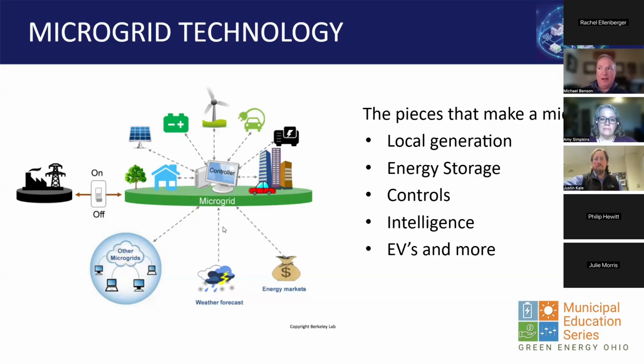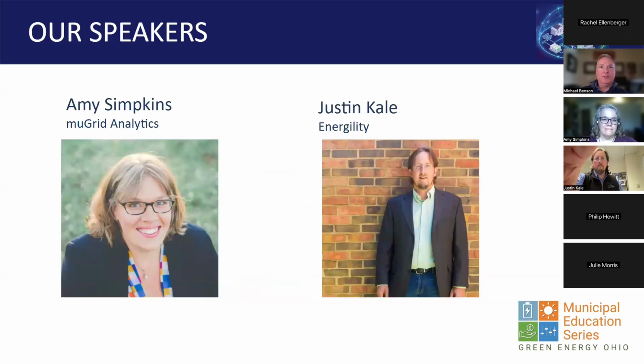So to get right into it, I'm going to introduce our speakers today. First up is Amy Simpkins, the co-founder and CEO at Mugrid Analytics. Amy Simpkins architects reliable, adaptive command and control for mission-critical distributed energy systems, aka microgrids.